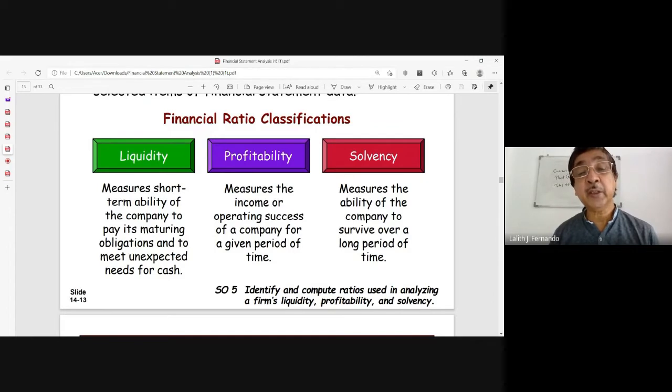And profitability measures the income or operating success of a company for a given period of time. And solvency measures the ability of the company to survive over a long period of time. So the long-term existence of a company is really measured through solvency.